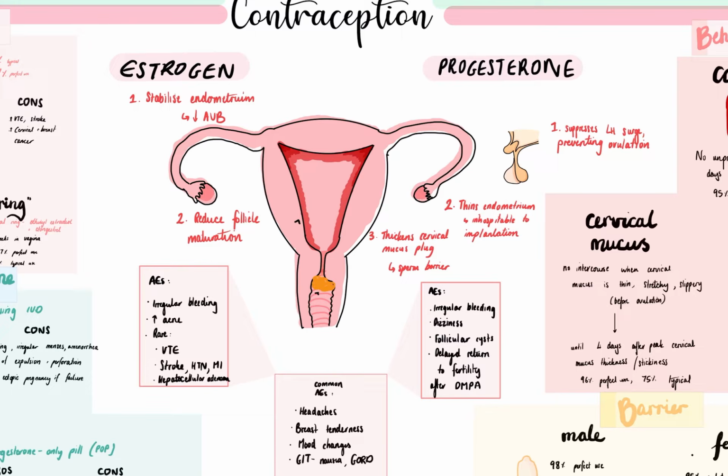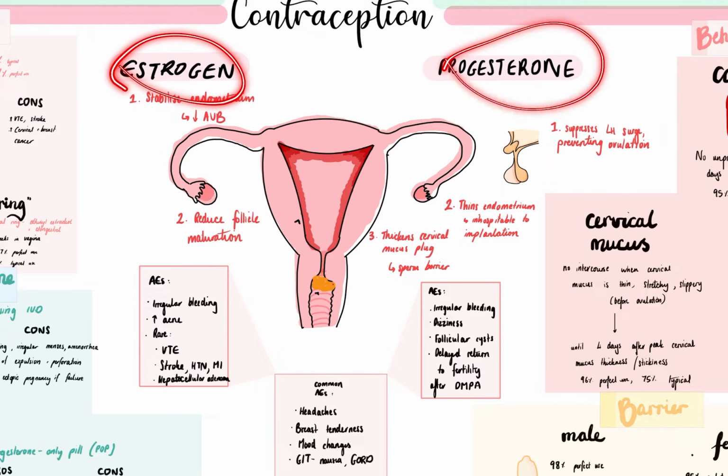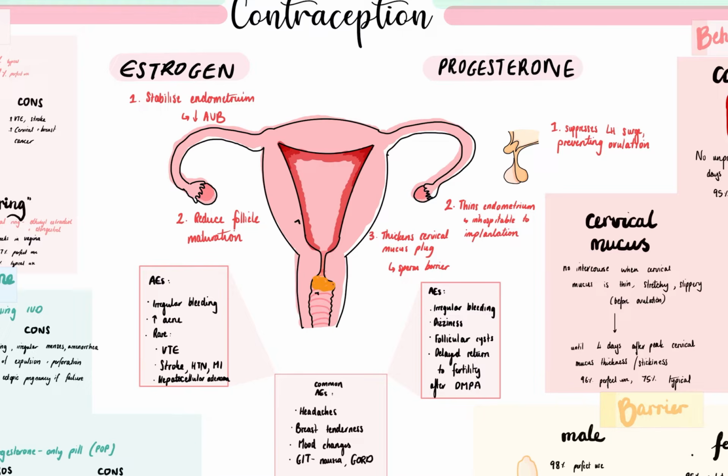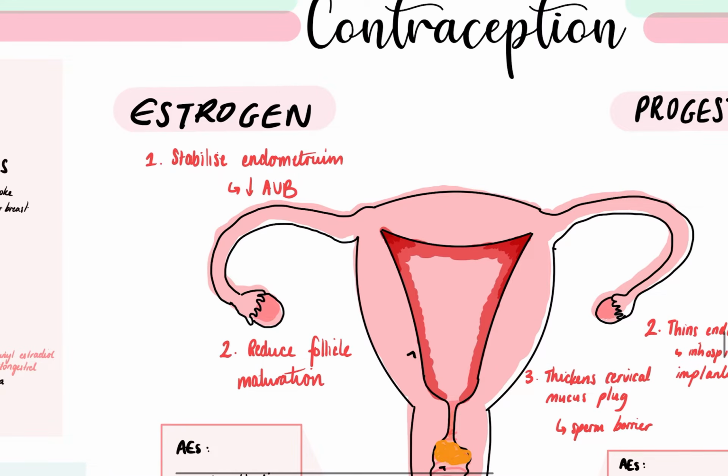So these hormones specifically are estrogen and progesterone, and these are the main hormones that are used in hormonal contraception.